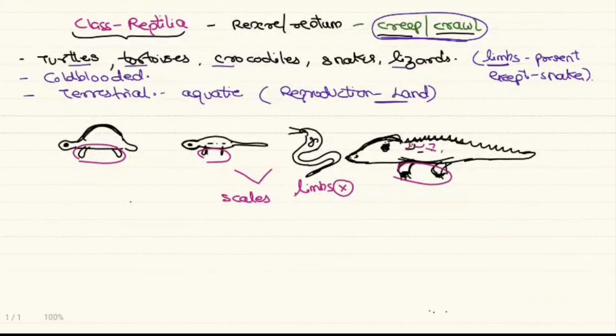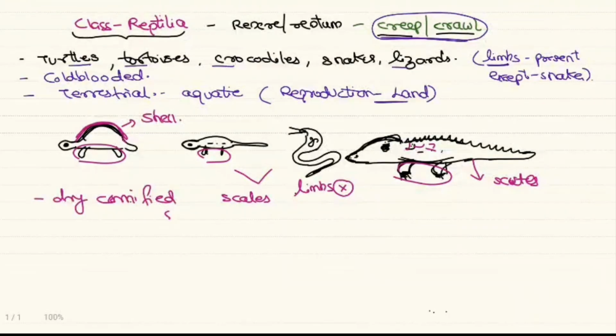What else? The body in these animals is covered by scales. In the case of crocodiles, you can see larger scutes, plate-like structures. And in the case of the turtles or tortoises, they form a complete shell-like structure. The whole body is covered by dry cornified skin.